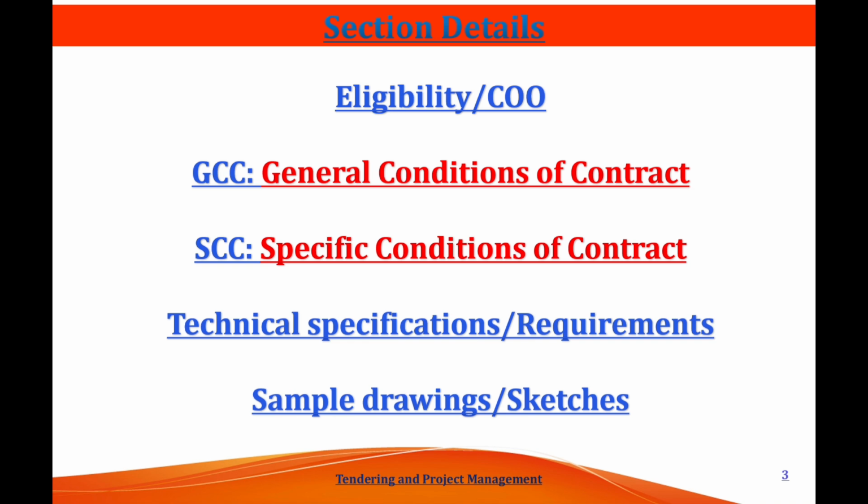Coming next to the section discussion, that is GCC or General Conditions of Contract. अब ये particular section में again client will stipulate, let's say some 50-60 clauses or so on, and they will specify mainly the conditions related to the contract if it is getting awarded.